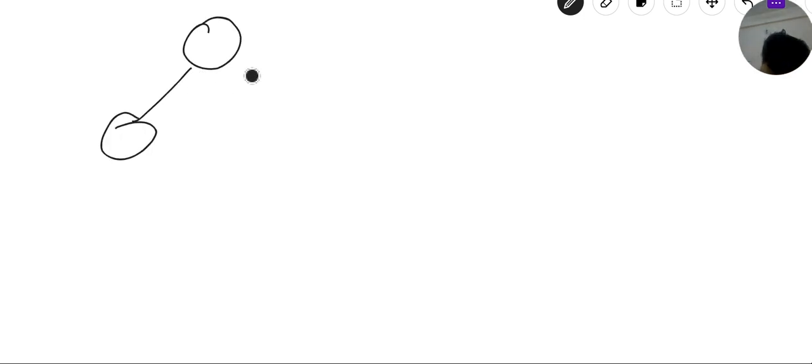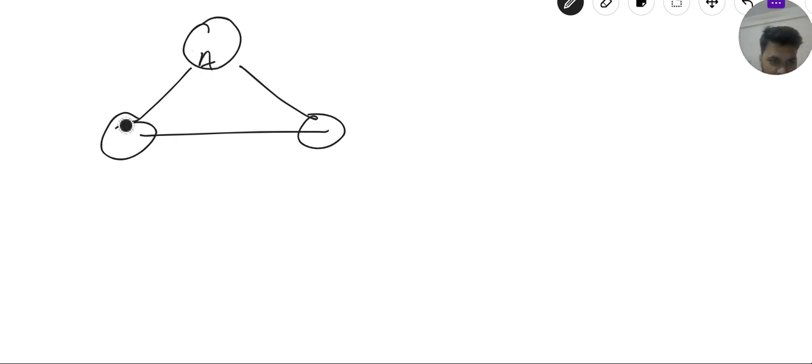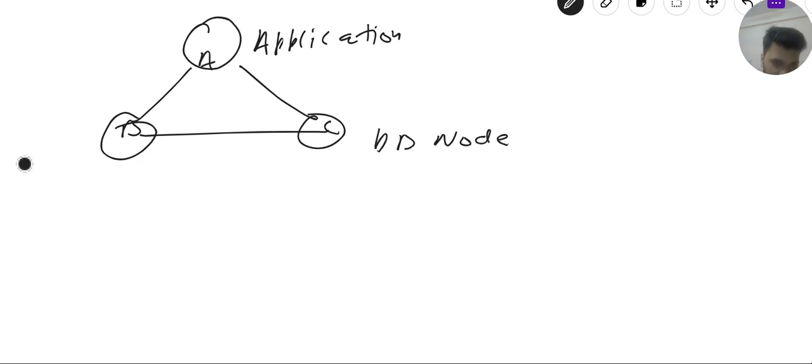So let's design a few nodes. This is node A. This is node B. This is node C, and this is basically the application. This is a DB node. This is also a DB node.